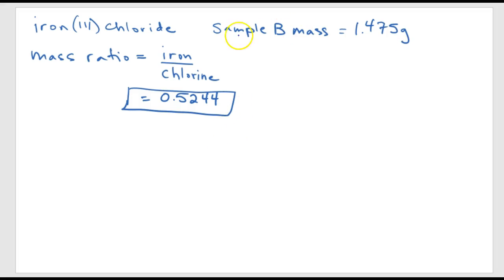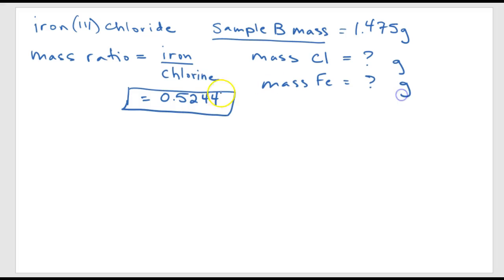And the question is, for sample B that has a mass of 1.475 grams, what is the mass of the chlorine in grams, and what is the mass of the iron in grams if we know that the mass ratio is 0.5244?